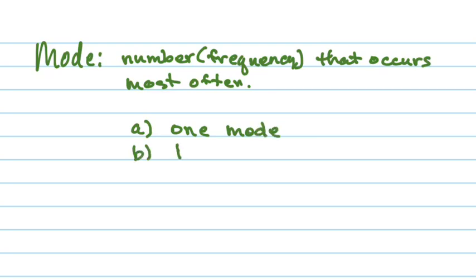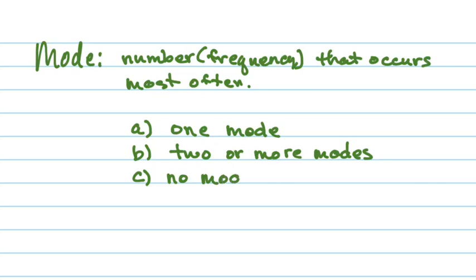You can have two or more modes. That just means that the same number occurs the same number of times. So let's say that math and history both got 4 marks. Then that's 2 of them that got the most. Or you can have no mode, meaning that they all occur exactly the same number of times.